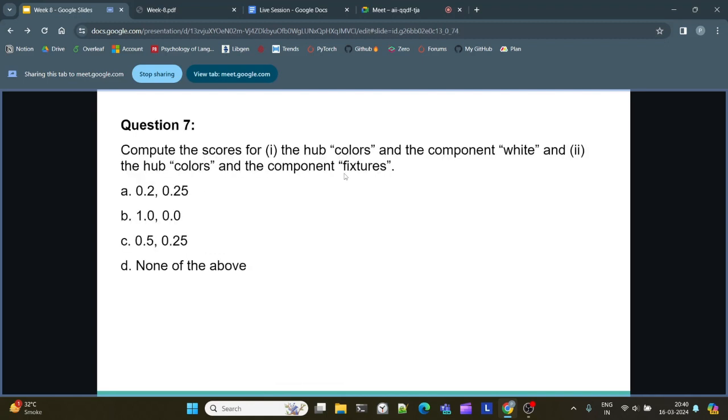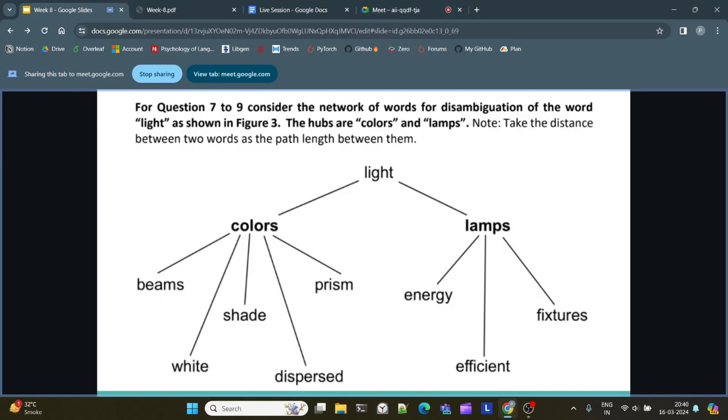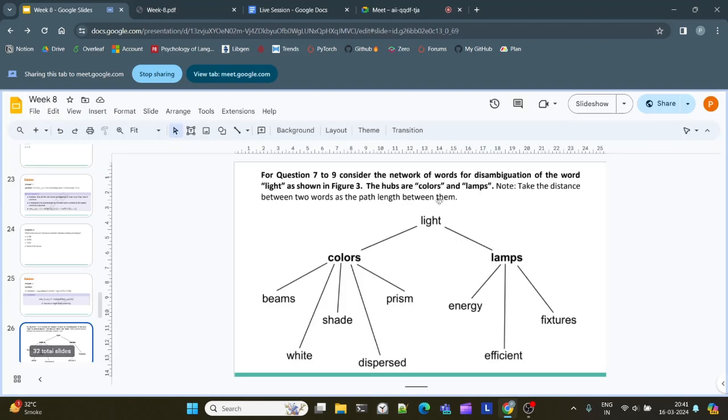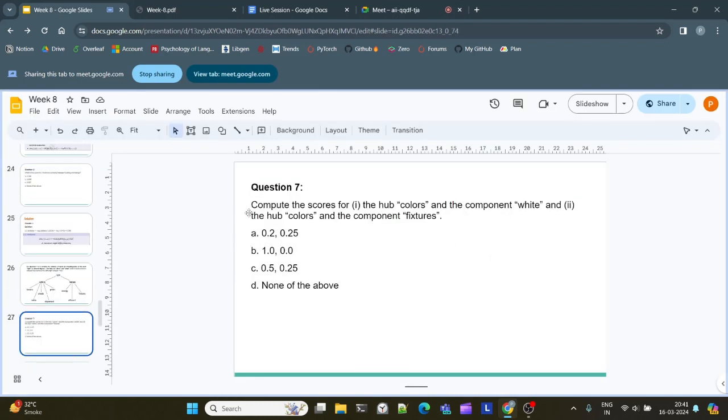Let's see the first problem. We need to compute the scores between the hub colors and the component white, and between the hub colors and the component fixtures. So that was the question.